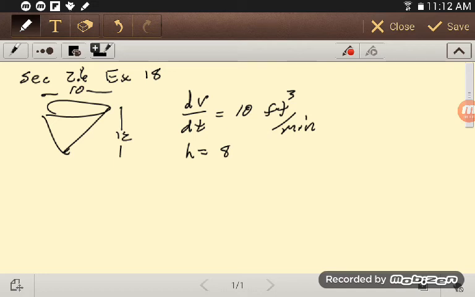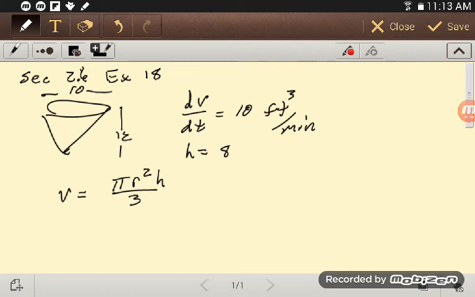From our example in the text, the volume of this cone is pi r squared h over 3.